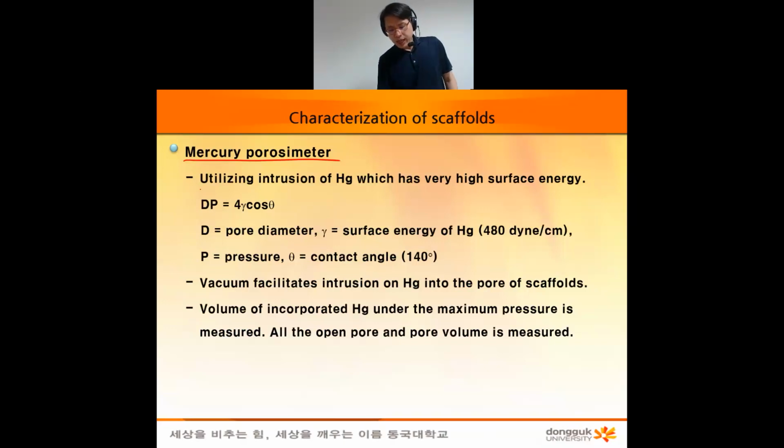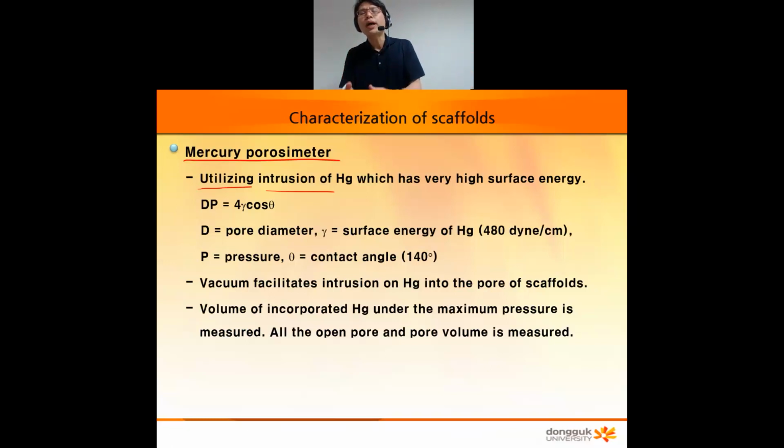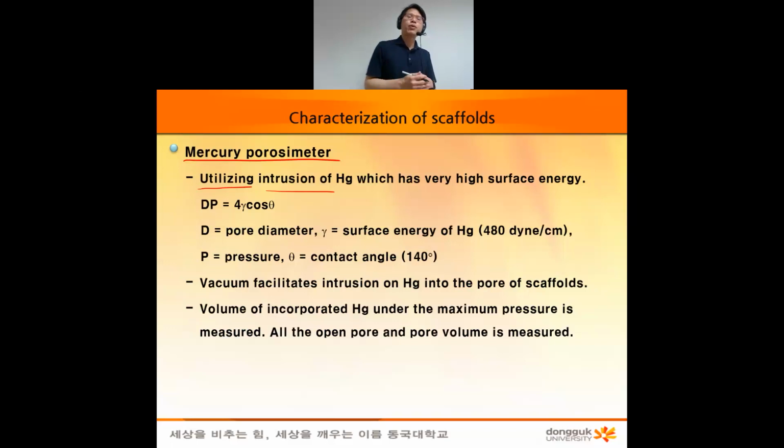We utilize the principle of intrusion of mercury, which has very high surface energy. So mercury gets together by themselves. Mercury does not wet something. But if we put high pressure, mercury gets into the pore at certain pressure threshold. By measuring the threshold pressure, we can calculate the porosity of the samples.